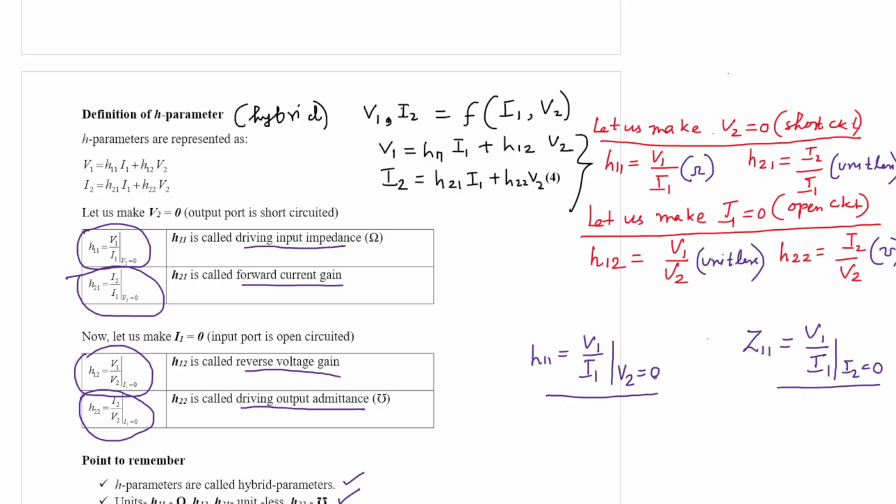So although they are both V1 by I1, the conditions based on which they are obtained are not the same. That is why H11 and Z11 are totally different. Please keep this in mind.